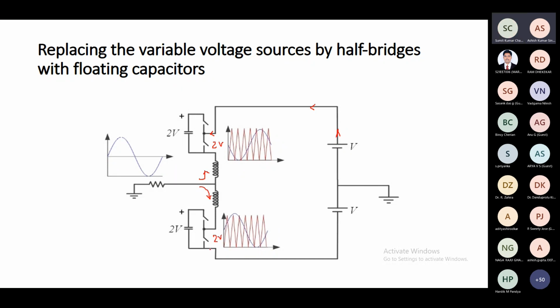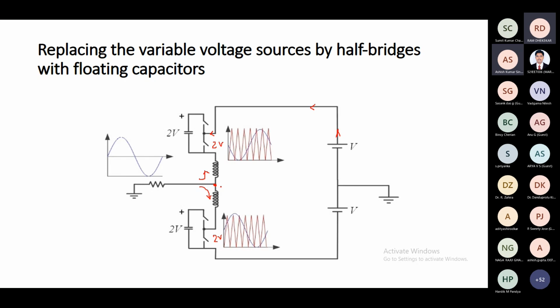When it is 2V, this side is 0. When this is 2V, this side is 0. So in that way, how many levels at the output can we get?